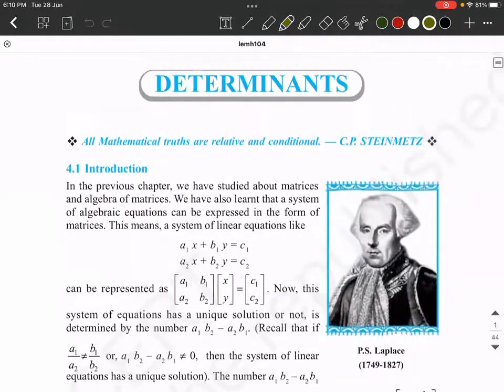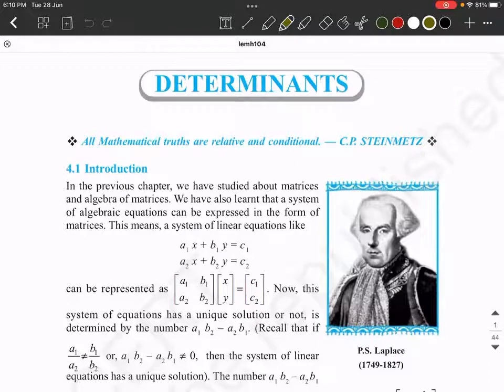Right. So now shall we move on to determinants? If you see, this is actually a combo chapter. Never will someone say determinants is a separate chapter or matrix is a separate chapter. It is a combination of both. You need both those things to solve. But when we discussed matrices, we tried to understand why we are studying that first.